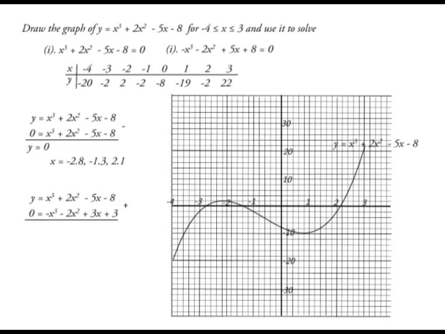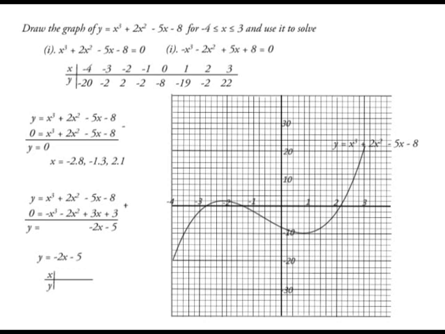So we add: y + 0 is y, and then x³ plus -x³ is 0. 2x² plus -2x² is 0. -5x plus -3x is -8x... -5x + 3x is -2x, and then -8 + 3 will give us -5. So then we have the equation y = -2x - 5.